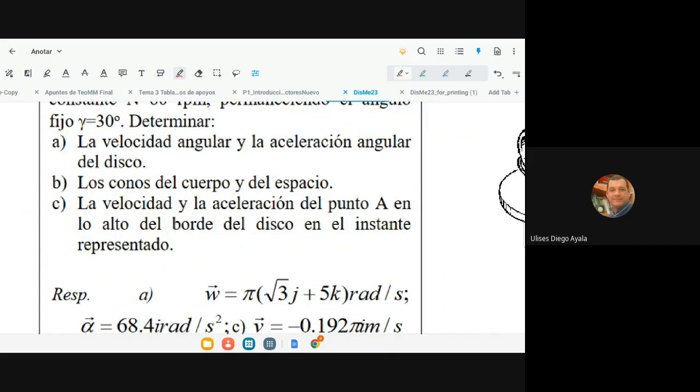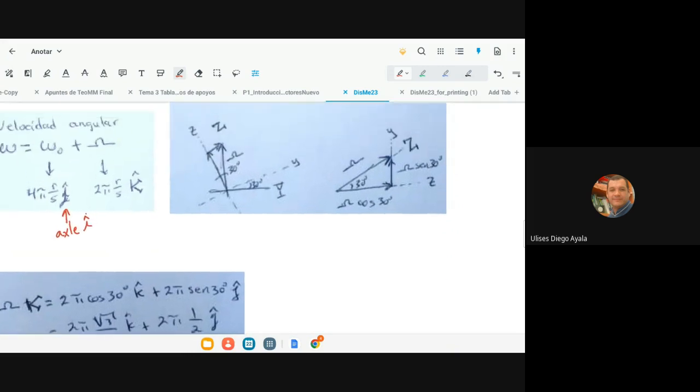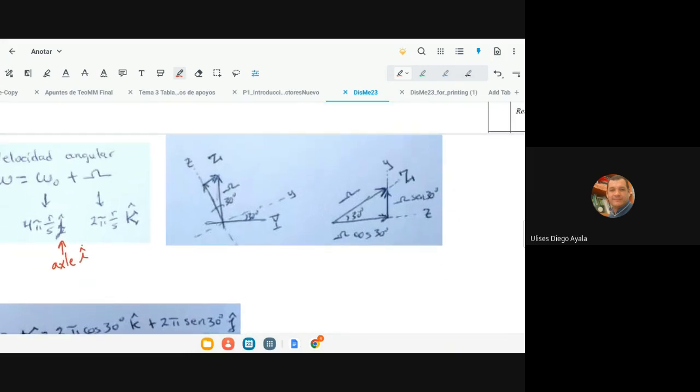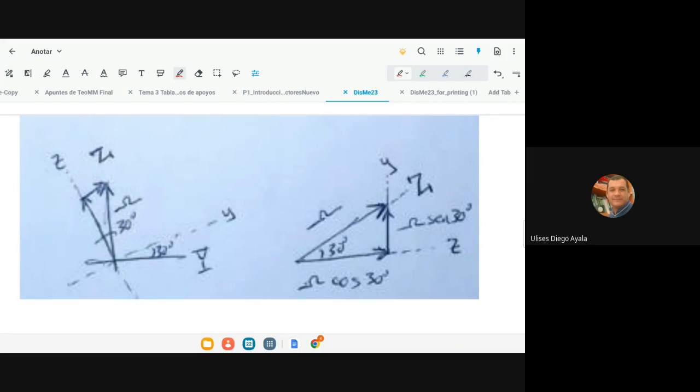The angular velocity, acceleration, and velocity and acceleration of point A. The velocity is one value which we can get from motion, so we're going to work on the velocity. Since we are asked about the velocity of the section of the motor, section A, we're going to convert this into this. That's why I have this diagram. So this omega is the same that we have here.